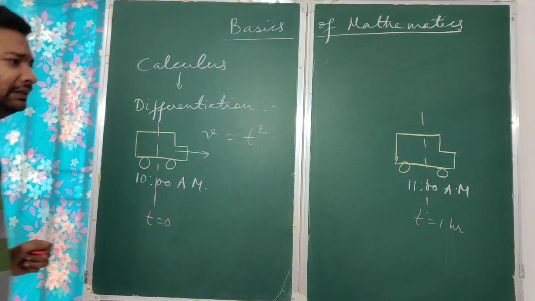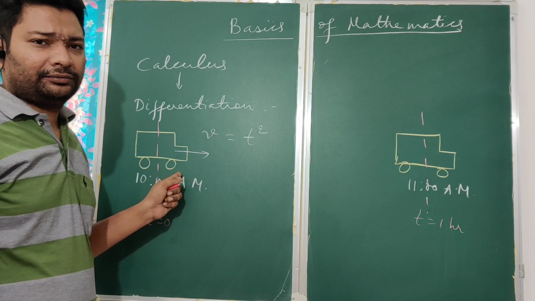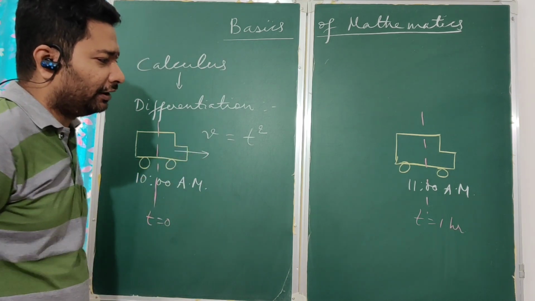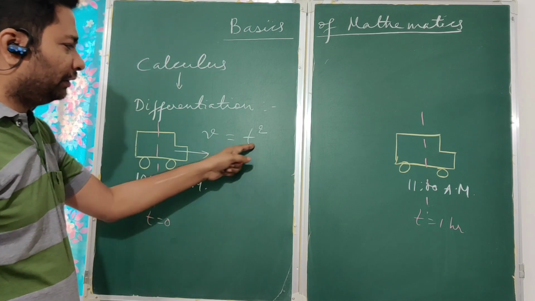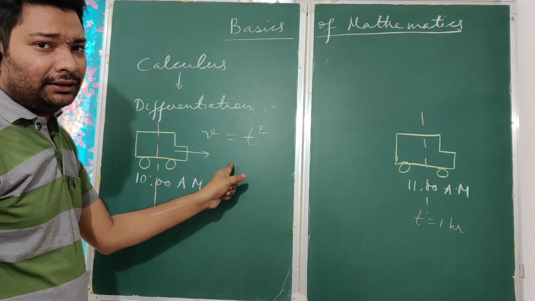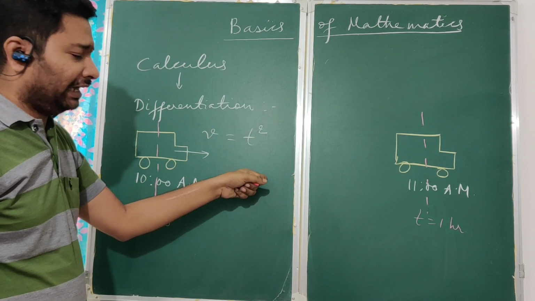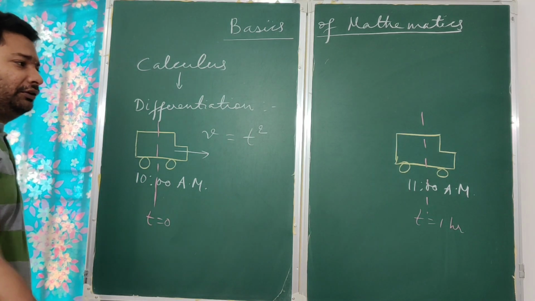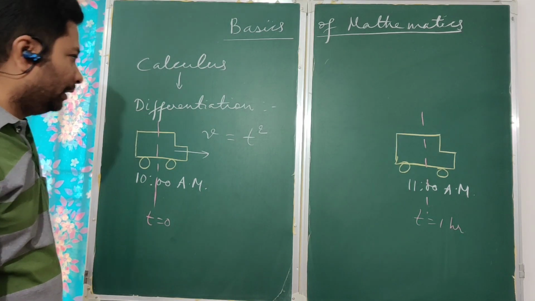But that is not the case here. By normal thing, if I ask you, tell me what is the distance travelled by this car, you will put t value as 1 here, you will tell v is equal to 1, and you will multiply that with time again. So 1 into 1, 1 kilometer, because distance is equal to velocity into time or speed into time.